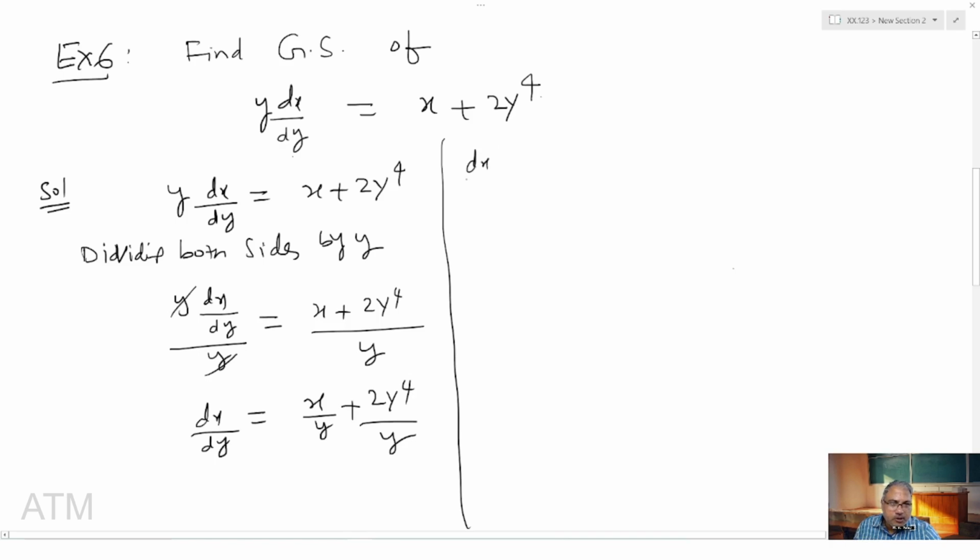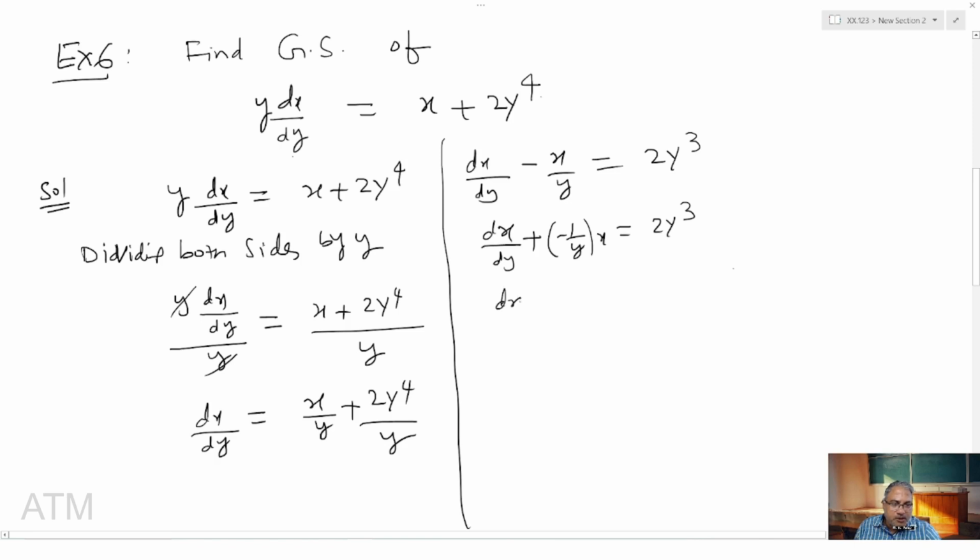So that is dx/dy - x/y = 2y^3. Writing it in a better way, dx/dy + (-1/y)x = 2y^3.